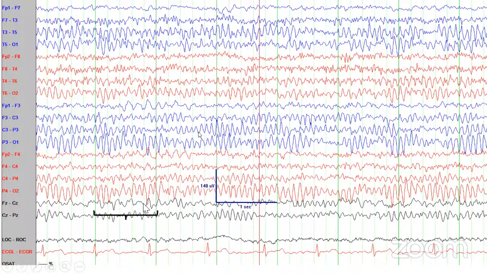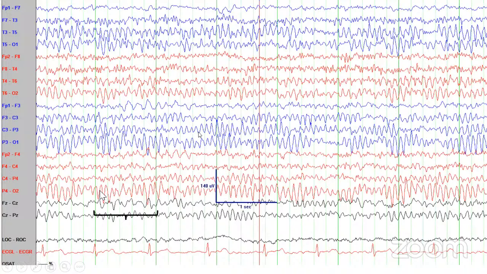What we are going to look at is that it is very clearly obvious that the amplitude increases posteriorly, and the frequency becomes more prominent posteriorly. So it is a well-established posterior dominant rhythm. Now let's count the frequency. We are looking at O2, the most posterior on the right side, and O1, the most posterior on the left side.